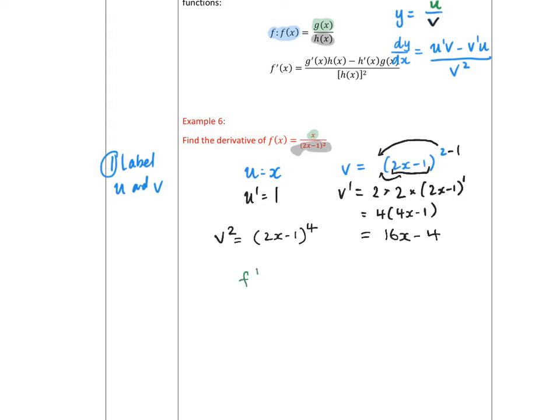We can sub this into our formula. We know that f dash of x is equal to u dash v minus v dash u, remember to differentiate alphabetically, all over v squared.